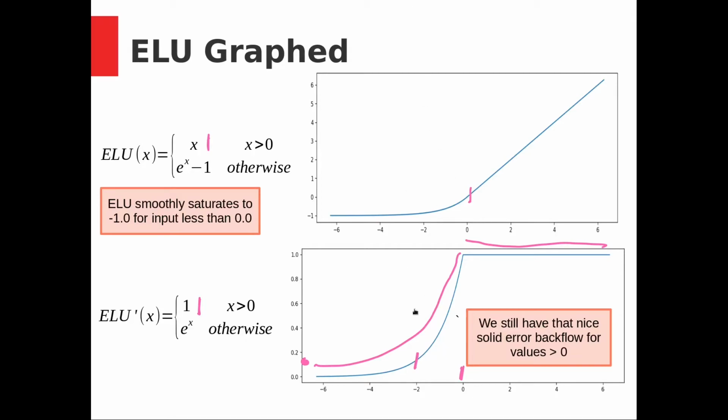So if you keep your outputs bounded to this range, it will still be able to learn, right? It only saturates for fairly negative values, not small negative values. So yeah, we still have that nice solid error backflow for values greater than 0, and for a little bit of region of values less than 0, right?